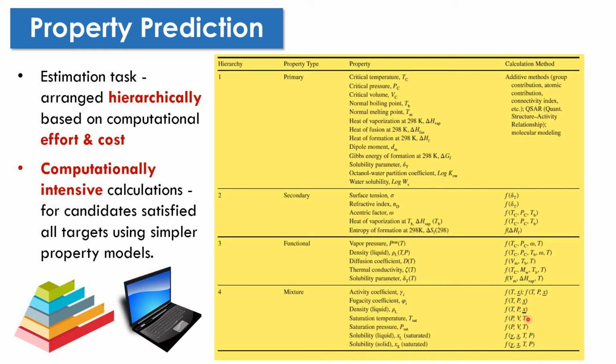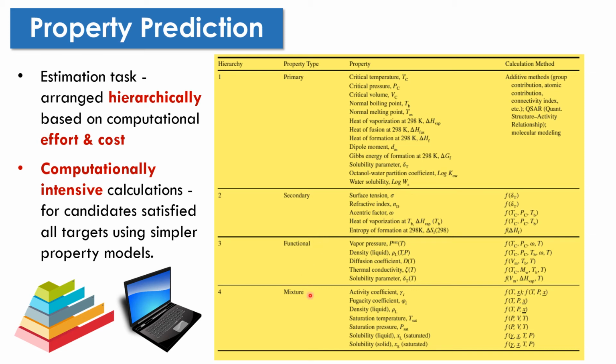Because if you need to calculate for 1,000 compounds using a more complex equation, it would take some time for you to get the estimation, whereby it may not be necessary. Because if we do it hierarchically, we can remove a lot of candidates which do not satisfy the primary, secondary, and functional properties. So for mixture, we only need to do it for 100, right?